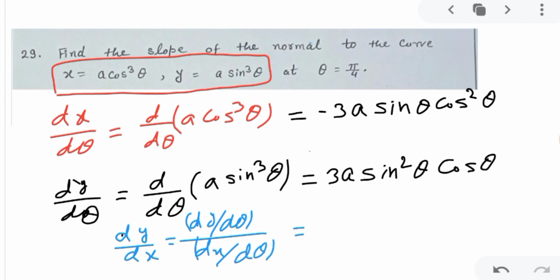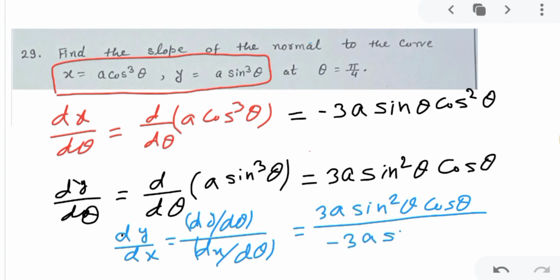So dy upon d theta is 3a sin square theta cos theta, divided by dx upon d theta, which is minus 3a sin theta cos square theta. Now here 3a gets cancelled, and one sin theta will cancel with one sin theta, one cos theta will cancel with one cos theta. So ultimately you will get sin theta upon cos theta and minus.